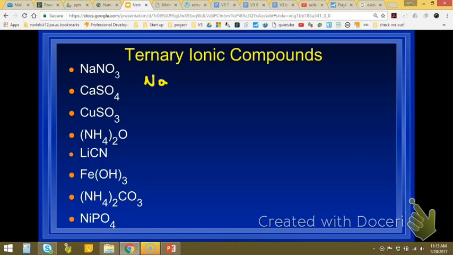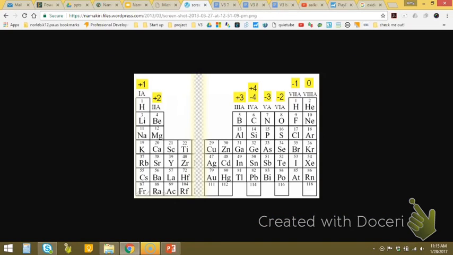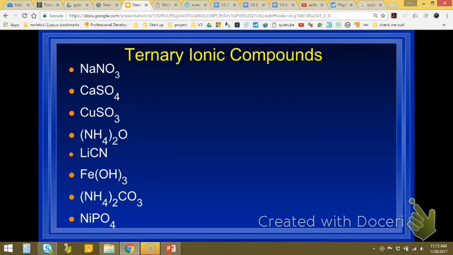If I go over to our oxidation numbers, sodium has a +1 charge. It's over here in the first column. So sodium +1.